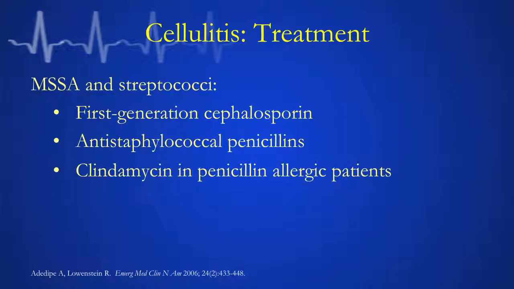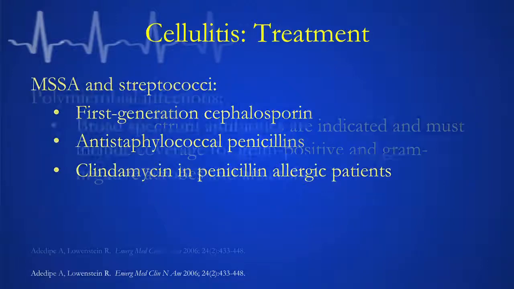You can do an anti-staphylococcal penicillin, and you can do clindamycin in penicillin allergic patients. So these might be the patients that you're thinking oral therapy and can go home, and you're doing your Keflex, your nafcillin, your clindamycin. If you think that they need admission, but it's more likely one of these lesser bacterial infections, you can try your IV Ancef or your IV Clinda.